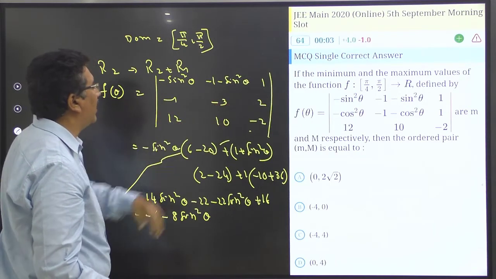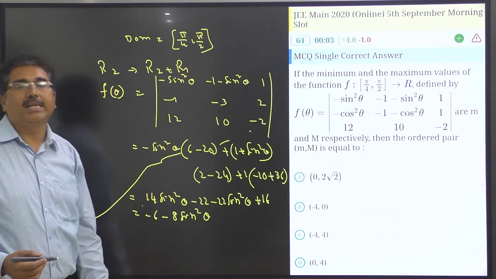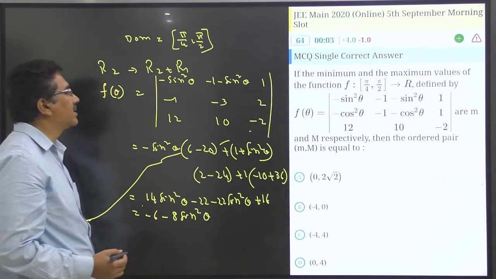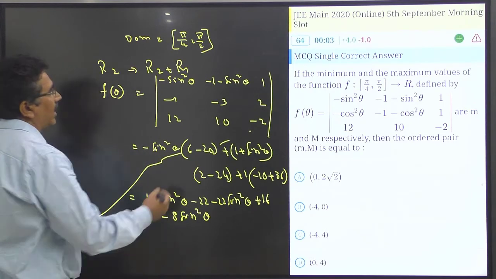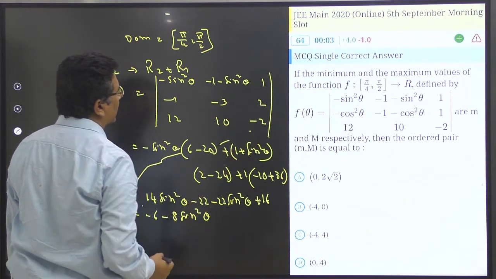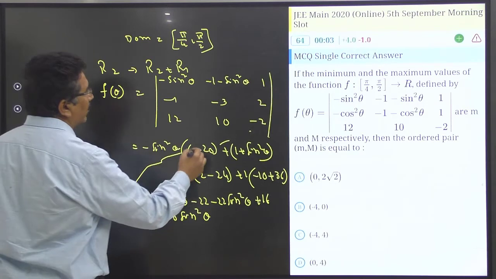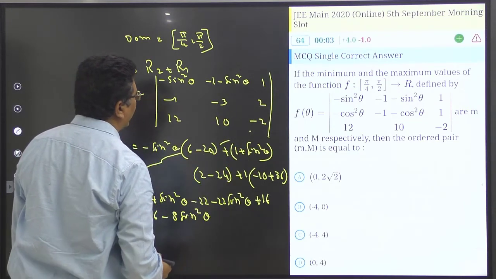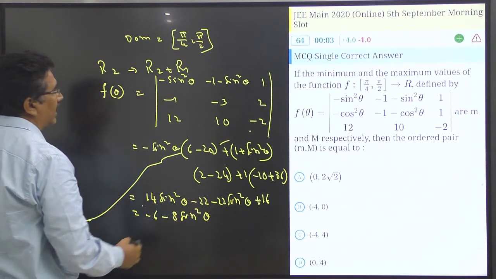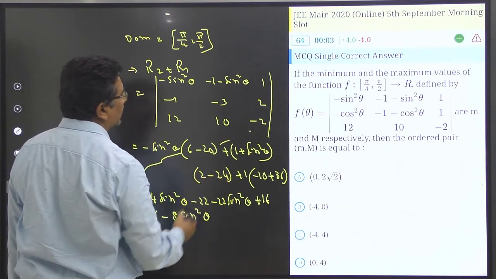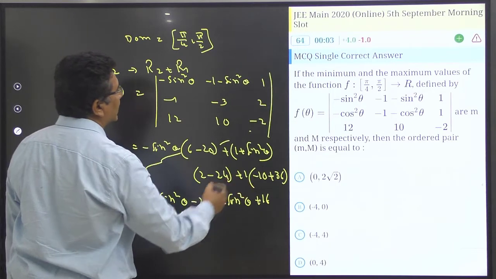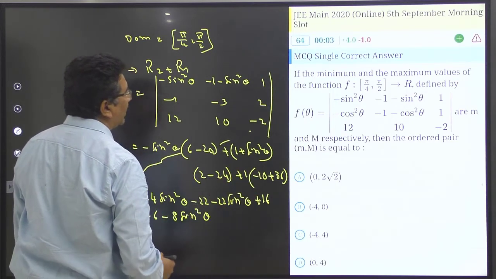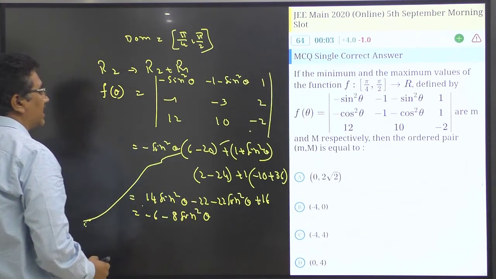12, 10, minus 2. Now expanding the determinant along the first row: minus sine square theta into, minus 3 into minus 2, 6 minus 20. Now plus 1 plus sine square theta into minus 1 minus 2, that is 2 minus 24, plus 1 into minus 1 into 10 minus 10 plus 36.